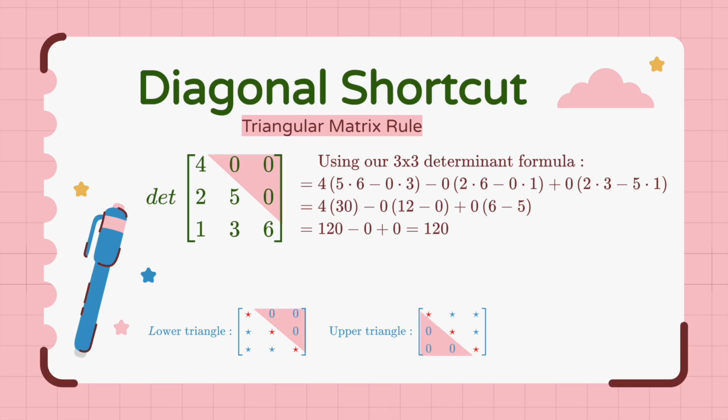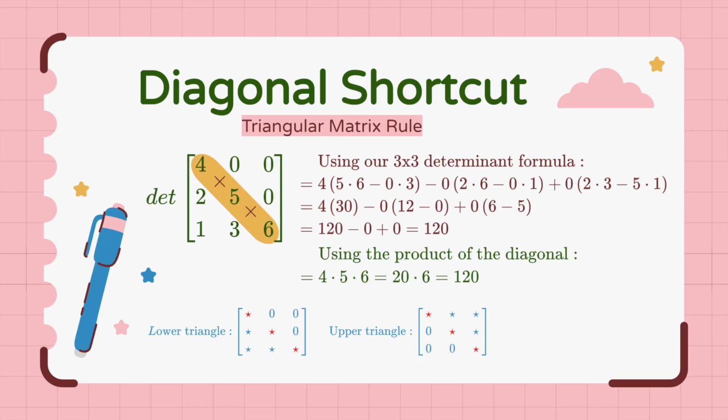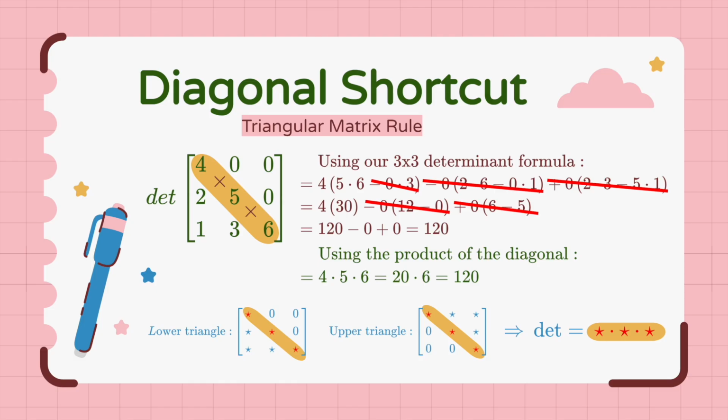If it's triangular, we can use the product of the diagonal. So we're going to multiply the numbers along the diagonal to get the determinant. In this case, 4 times 5 times 6 equals 120, which is much simpler than working out the full 3x3 formula. The shortcut works because in the 3x3 formula, so many of the terms cancel out that the only thing left is the product of those diagonal numbers.